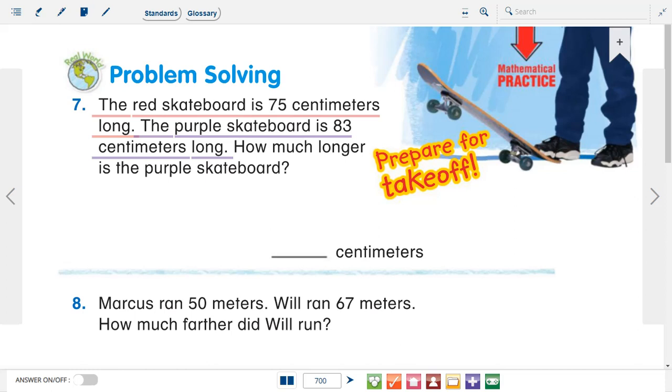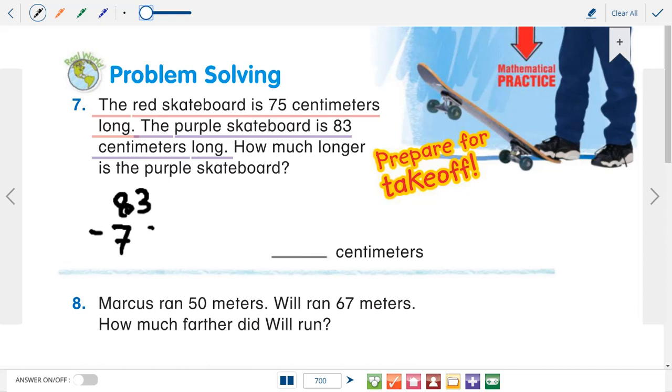The purple skateboard is 83 centimeters long. How much longer is the purple skateboard? We said when we have how much longer, how much shorter, what we're going to do? Okay, we're going to subtract 83 minus 75. Okay. Grade 2 again. We're not learning subtracting here.